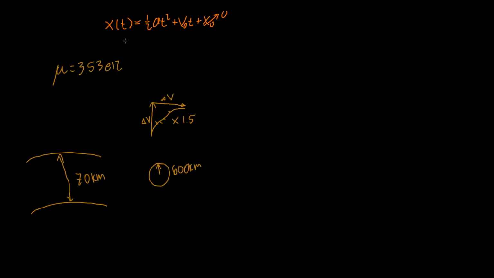We want 70,000, which is negative 4.9 t squared plus v0 t, because acceleration for gravity is a, and it's actually negative. What we're trying to do is figure out what velocity is going to get us up to this height, if that makes sense.